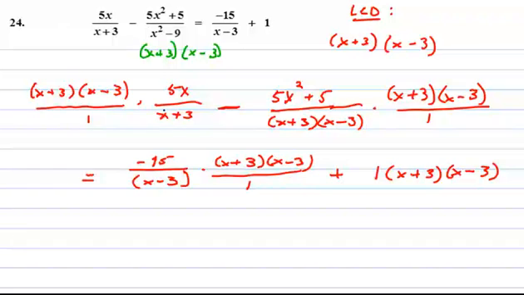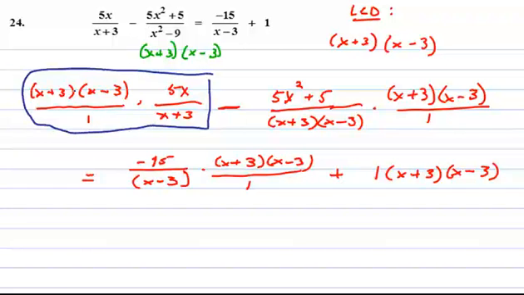Now we're ready to simplify this result. We have a common factor of x plus 3 here, and we're left with 5x times x minus 3. Minus, and here, x plus 3 cancels, x minus 3 cancels, and we're just left with minus this whole numerator, so be very careful.